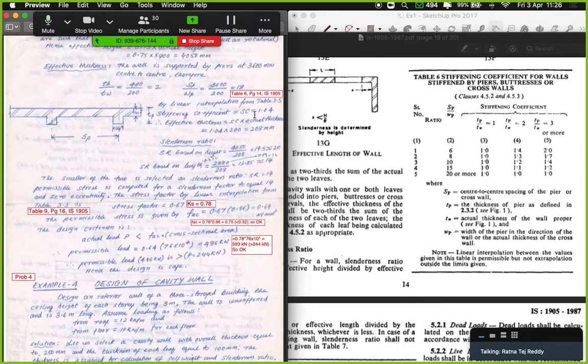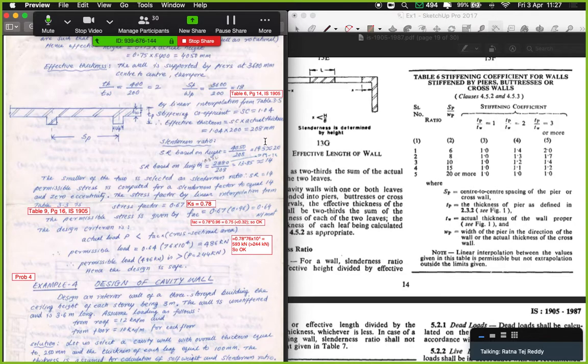The stiffness coefficient is 1.04, calculated by linearly interpolating. Moving on, the effective thickness ultimately will be the stiffness coefficient into the actual thickness. That will give us 1.04 into 200, which is equal to 208 mm. Okay, so this is the effective thickness that is happening over here.